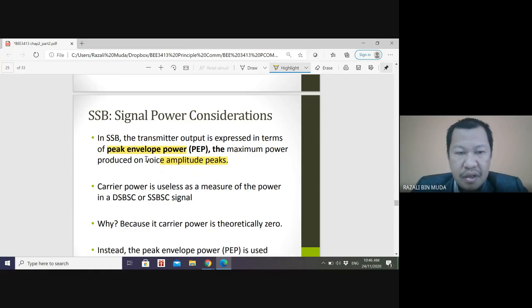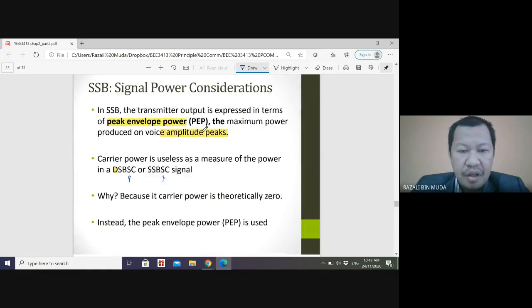Okay, envelope. Carrier power is useless as a measure of the power in double sideband suppressed carrier or single sideband suppressed carrier, because there is no carrier. You remove the carrier, so you cannot rely on carrier power anymore. Why?